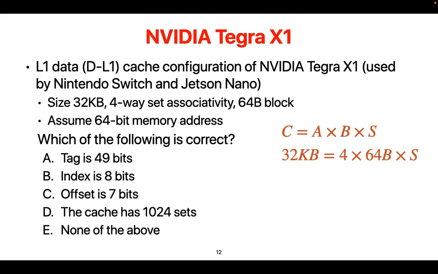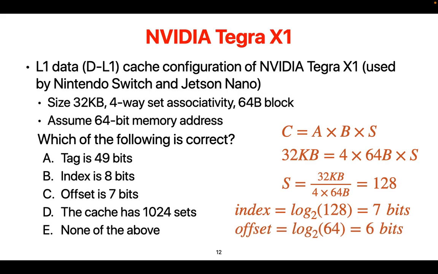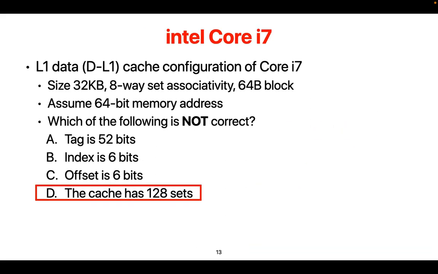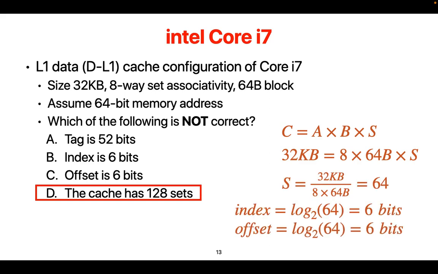You must remember that in the last lecture, we practiced the C equal to ABS on the NVIDIA Tegra X1 and Intel processor. You know the cache configuration of them looks like this, and the address partition looks like this.